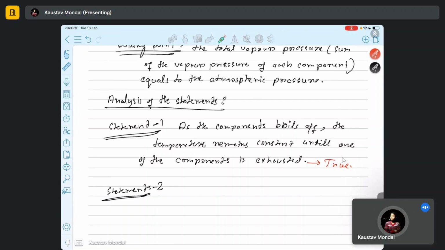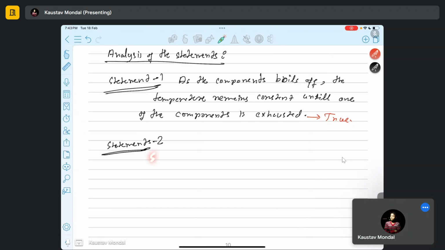So to make that vapor pressure equal to the atmospheric pressure, the temperature should be higher than the boiling point of water. Otherwise, the whole mixture will not simply boil. So the claim that the boiling point of the mixture is less than water is not true, right? So let me just write.